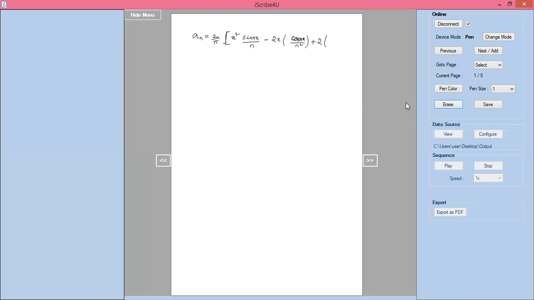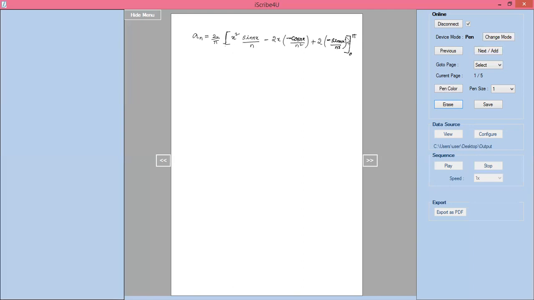Already one minus is there, so minus sin nx by n. Then 2 into the differentiation of x, which is 2, into minus sin nx divided by n cube. The limits are 0 to pi.